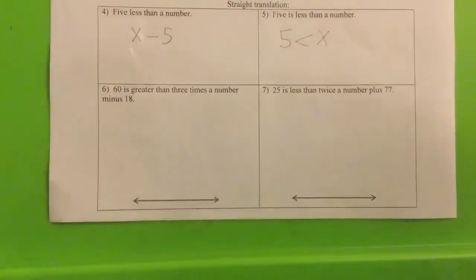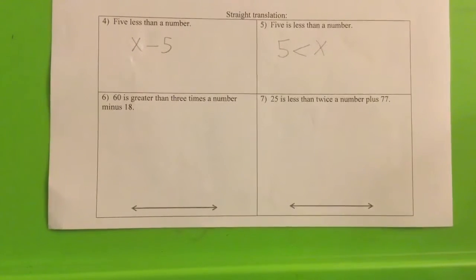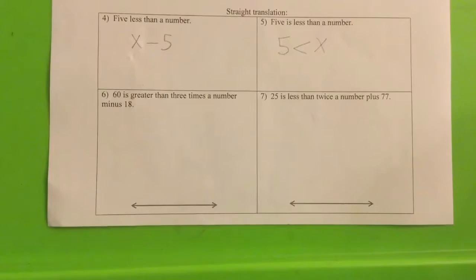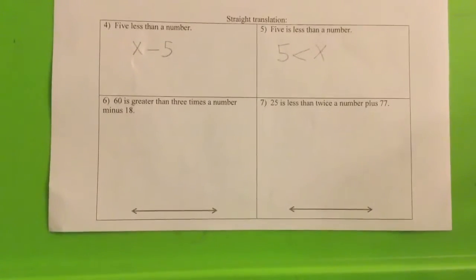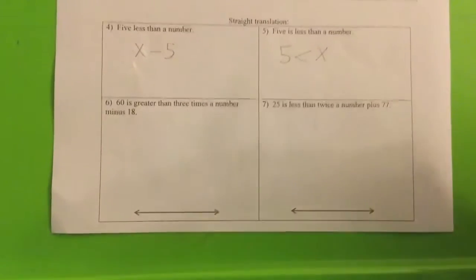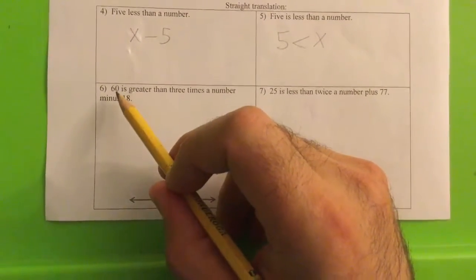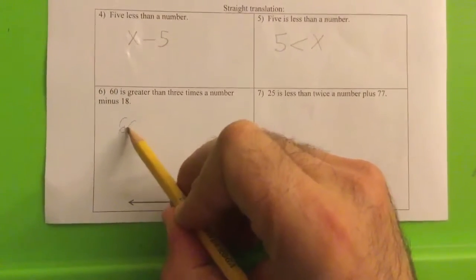Hey guys, sorry for the interruption, but let's go ahead and pick up where we left off. So now, again, what we're doing is we're going to translate number 6. It says 60 is greater than 3 times a number minus 18. This is a straight translation problem. So we're just going to look at it individually and write down what we see here. So 60 is going to be written down like this.